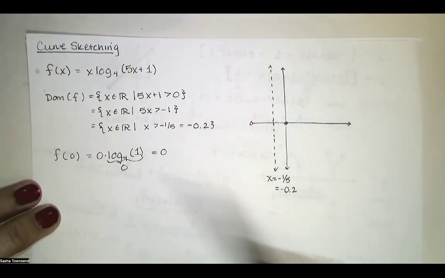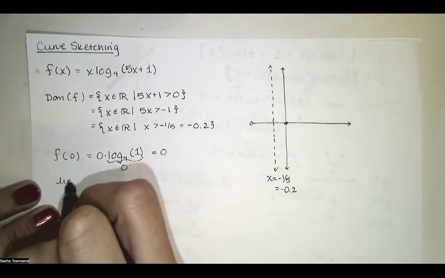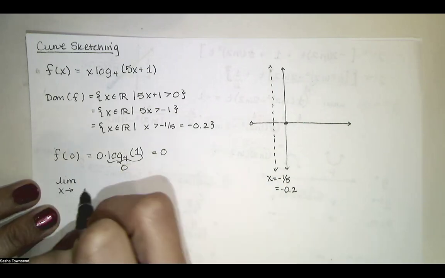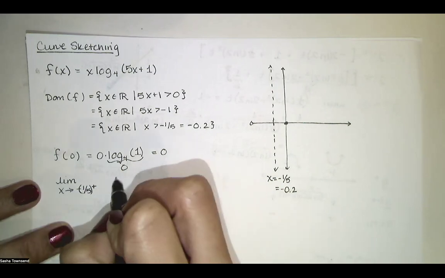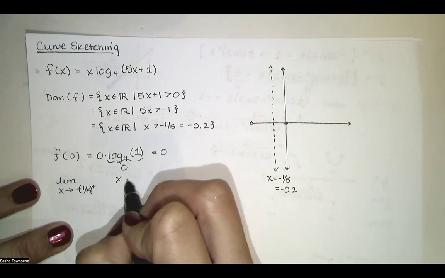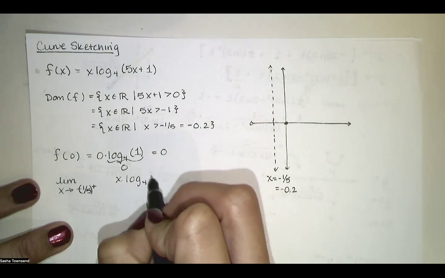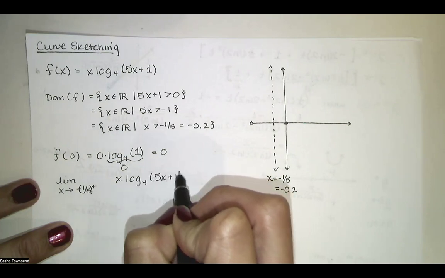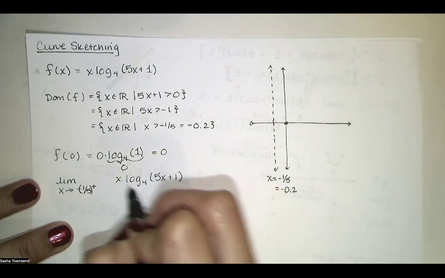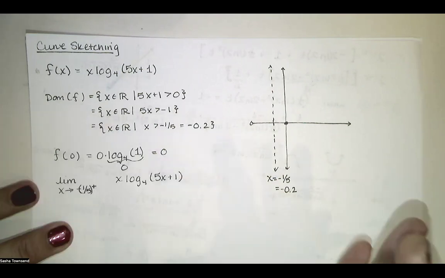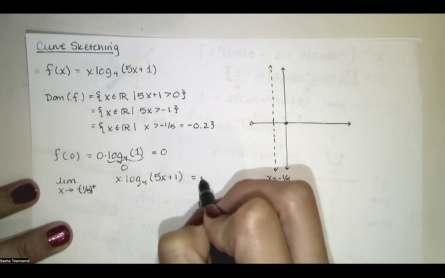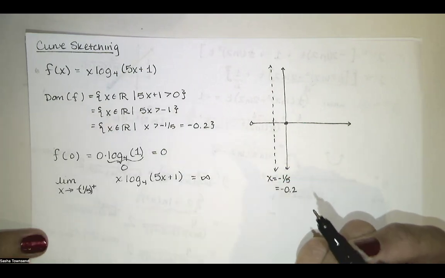So let's see. I want to take the limit as x approaches -1/5 from the right. So I have x times log base 4 of 5x plus 1. This function goes to -infinity, and this function goes to -1/5. So -1/5 times something that's very large and negative is going to be very large and positive. So we're going to get positive infinity there.